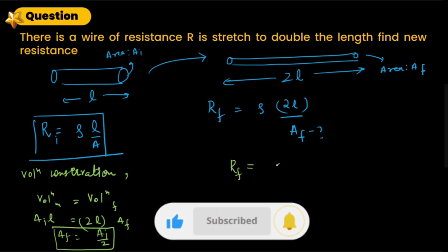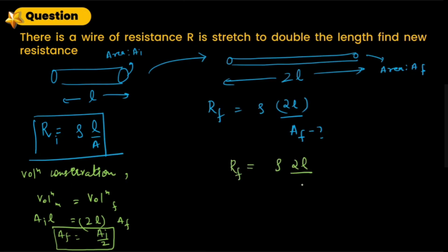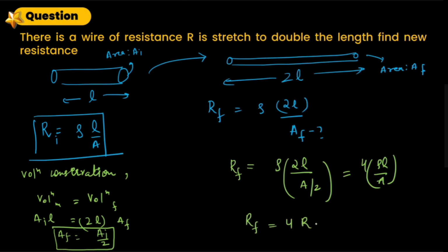So R final becomes rho 2L by A by 2. So it will be 4 rho L by A. So R final would be 4 times the R initial. This is what we have to find here.